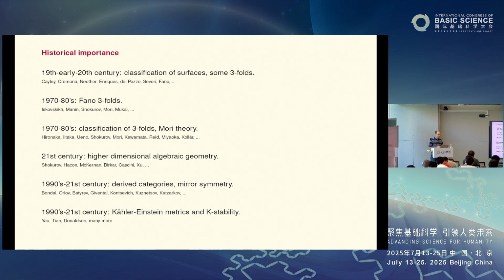But these people later developed this, made it rigorous, and expanded it. What they did in the 1970s and later in the 80s was classify Fano varieties in dimension 3. And that was very important, not just for the geometry of Fanos, but also because it led to the development of algebraic geometry in dimension 3, or the classification of algebraic varieties, not only Fanos.